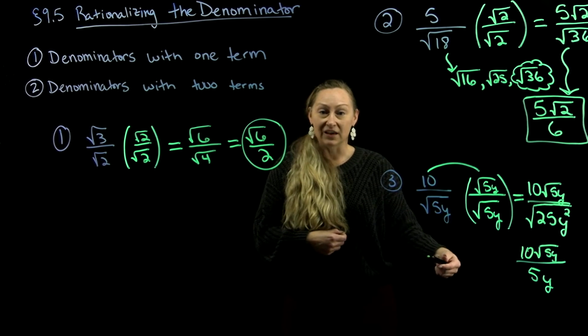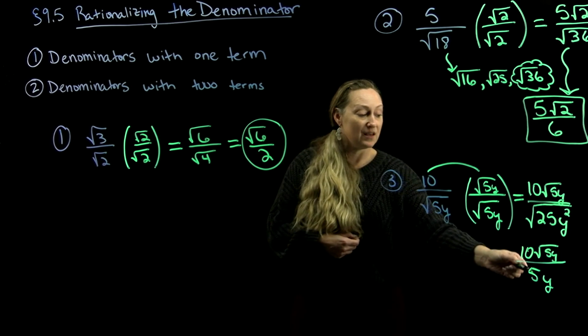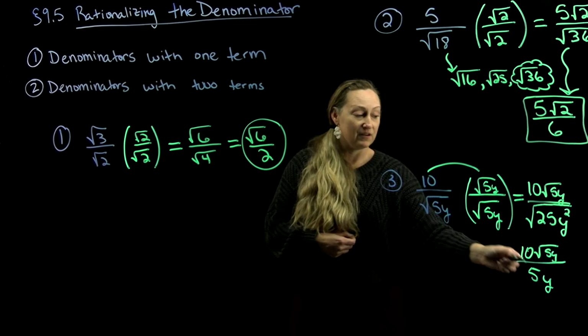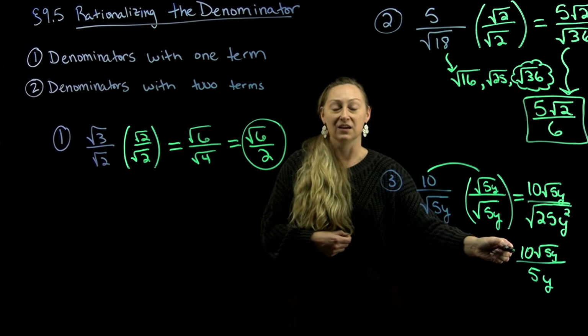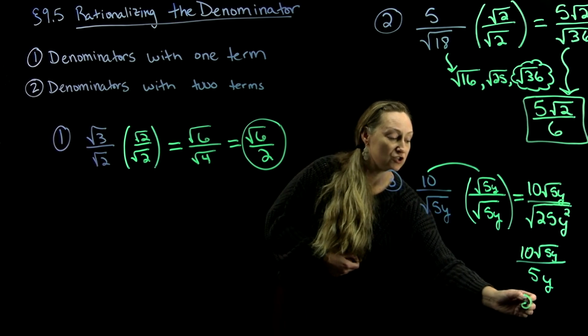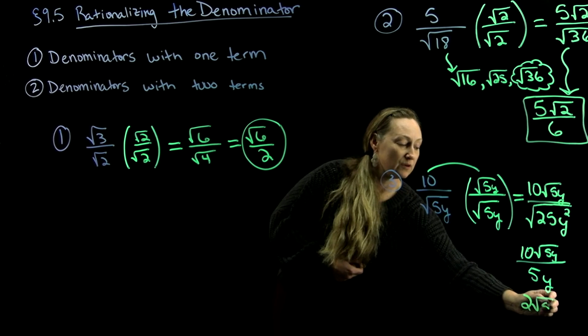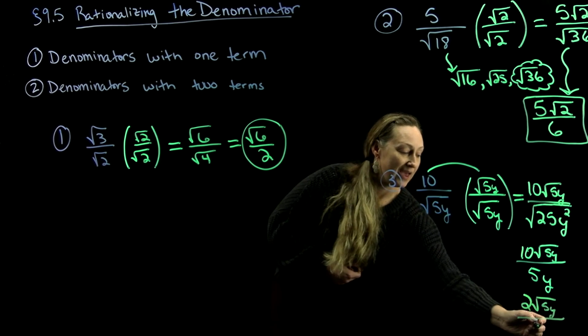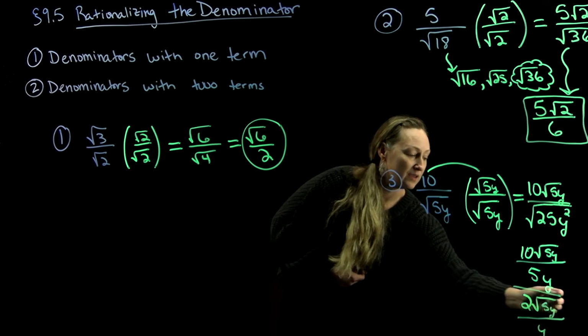So what we're allowed to cancel in this case is the 5 in the denominator with part of that 10 in the numerator. If I reduce by 5 in the top and in the bottom, our final answer will leave a 2 square root of 5y and simply a y in the denominator.